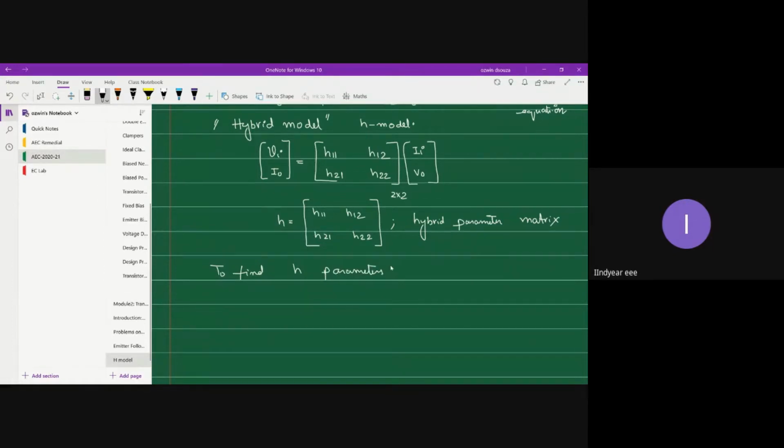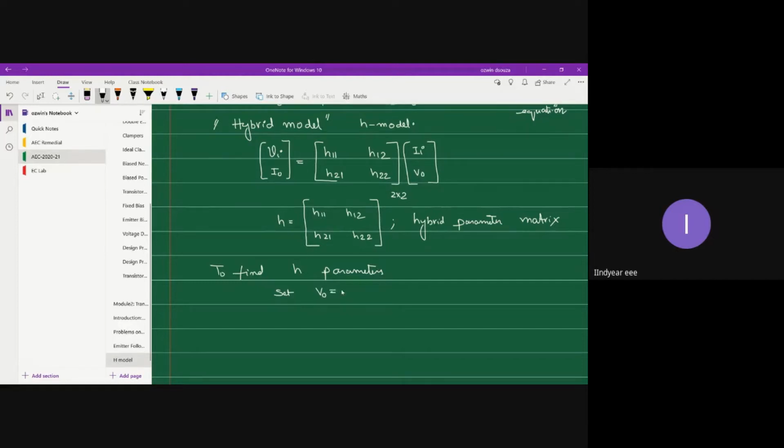Let us apply the two extreme cases in electricity, that is open circuit and short circuit. First, we will short circuit the output port.